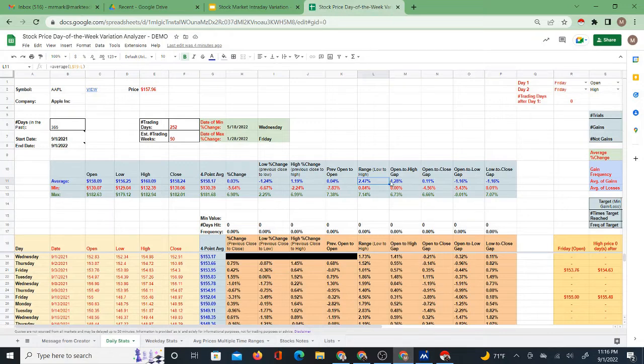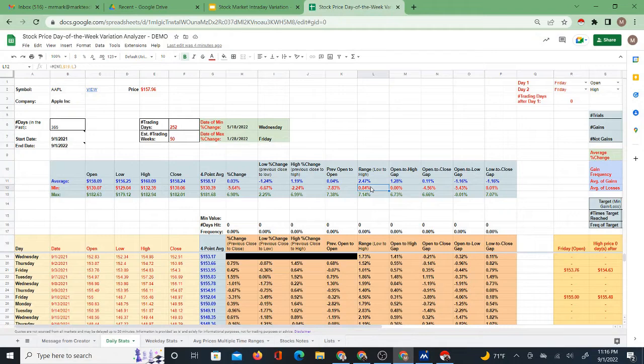Why did I do this? I did this so that we can look at one number immediately and get a general idea of the range of this stock. And we see that the average range is 2.47%. If you are not experienced and have not looked at a lot of different stocks, that might not mean anything to you. But if you know stocks, you know that this is a relatively small range compared to what's out there.